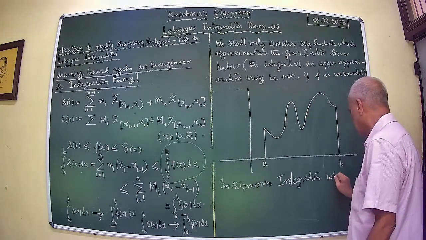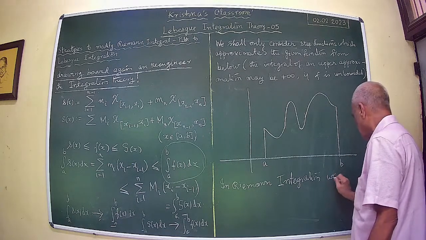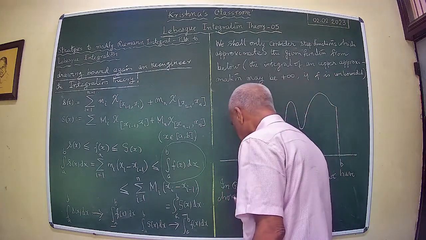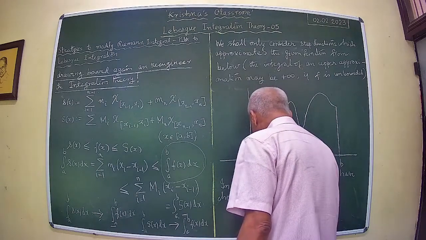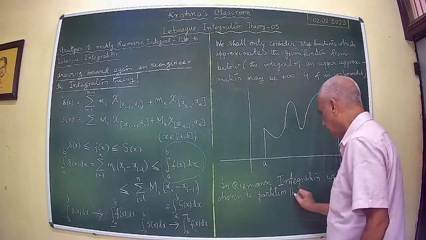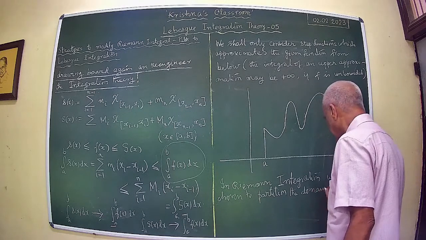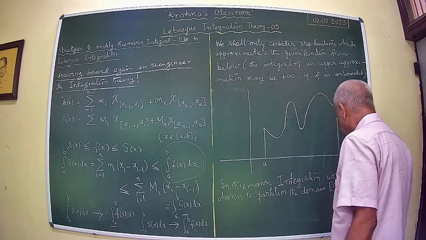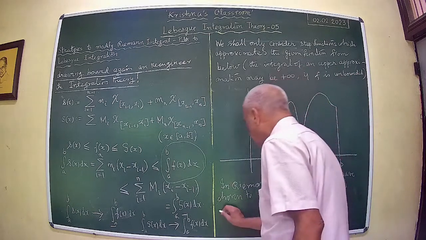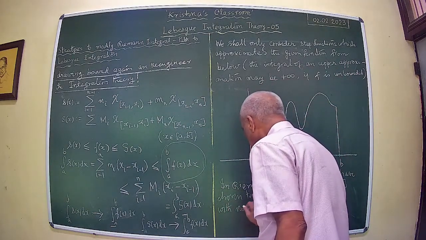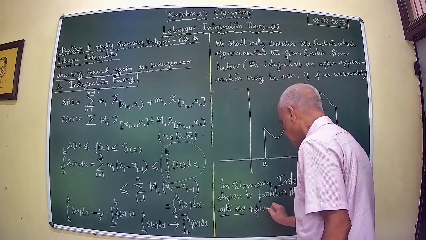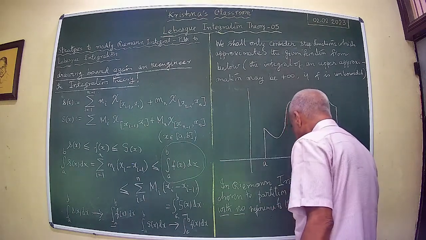In Riemann integration, we have chosen to partition the domain AB with no reference to the function.